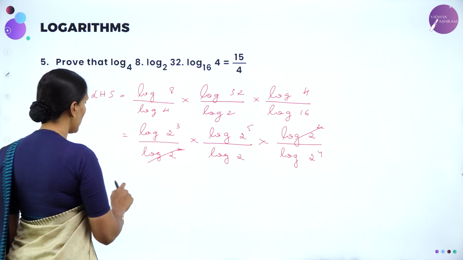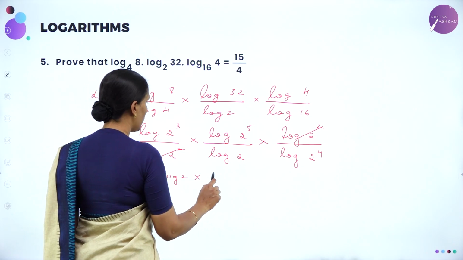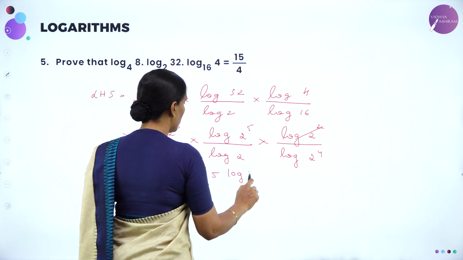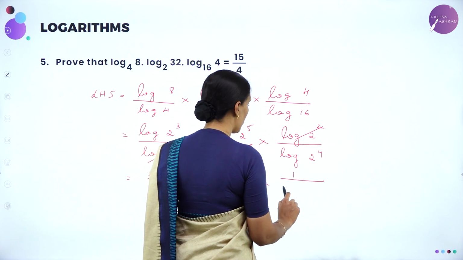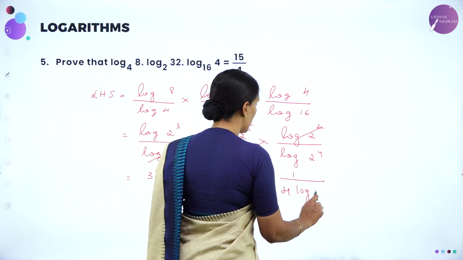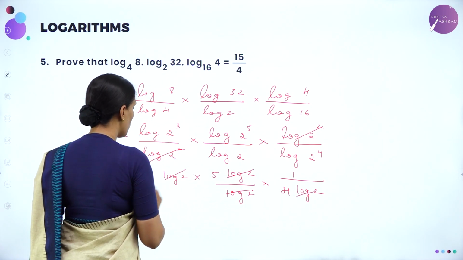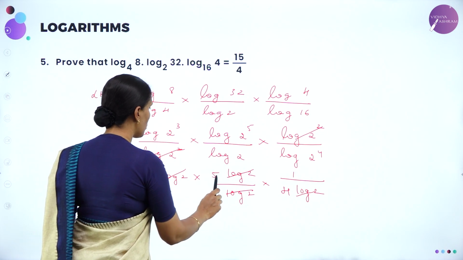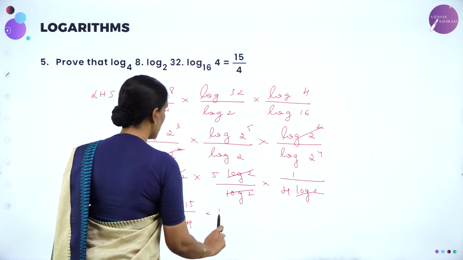Now with the remaining I can write this as 3 log 2 into 5 log 2 divided by log 2 into 1 by 4 log 2. We can cancel log 2, log 2, log 2, log 2. Remaining is 3 into 5, which is 15, divided by 4. So that is the right hand side.